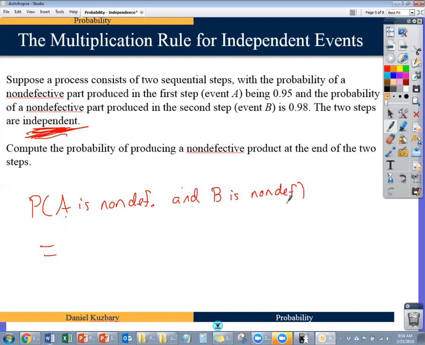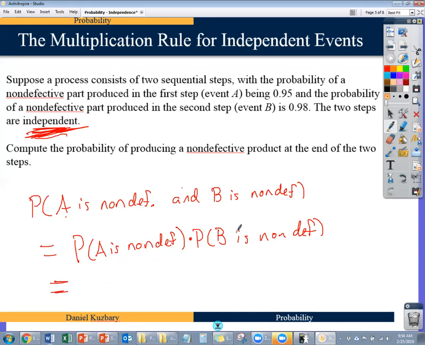We want both of them to be non-defective so that the whole product is non-defective. This is going to be the probability that A is non-defective times the probability that B is non-defective. That's because they're independent. So the reason I can take this and split it up into two separate probabilities, and we're multiplying these together, is because the two events are independent.